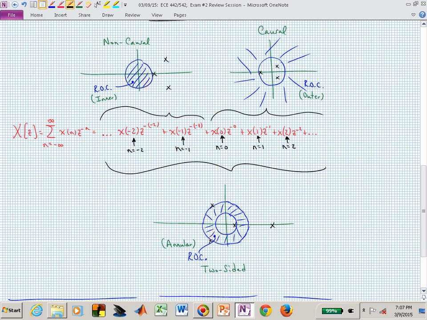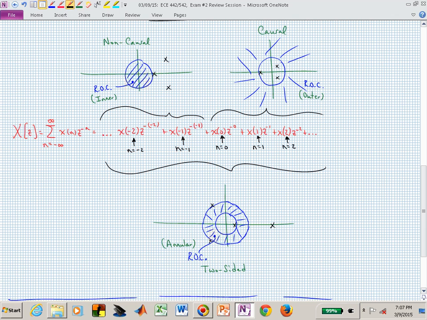Now if you have an unbounded region of convergence, what n's are you looking at? Negative, non-negative, or all n's? If you have an unbounded region of convergence. Non-negative. You're in the upper right picture.